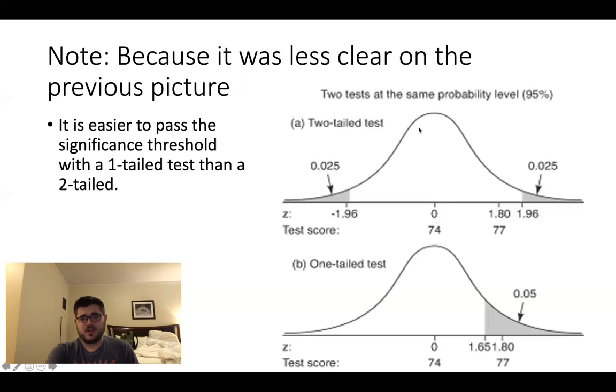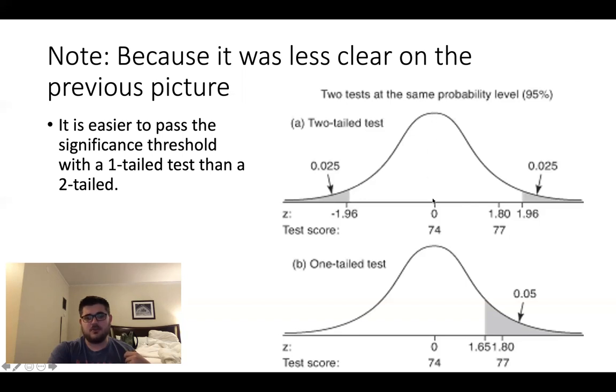When you do this non-directional or two-tailed test, because there are two tails of the distribution, what you do is you split the 5% in half. If you have the top 2.5% up here, you have the bottom 2.5% down here. And you've moved the goalposts, and you say, well, I need to get into the top 2.5% to reject the null hypothesis, or I need to get into the bottom 2.5% to reject the null hypothesis.